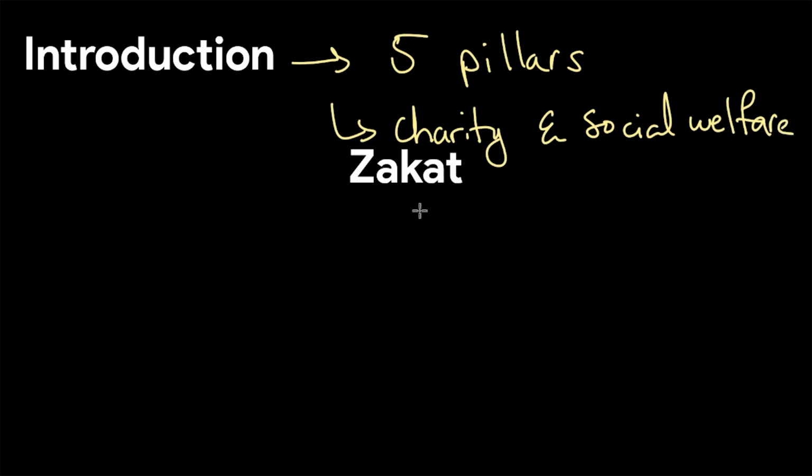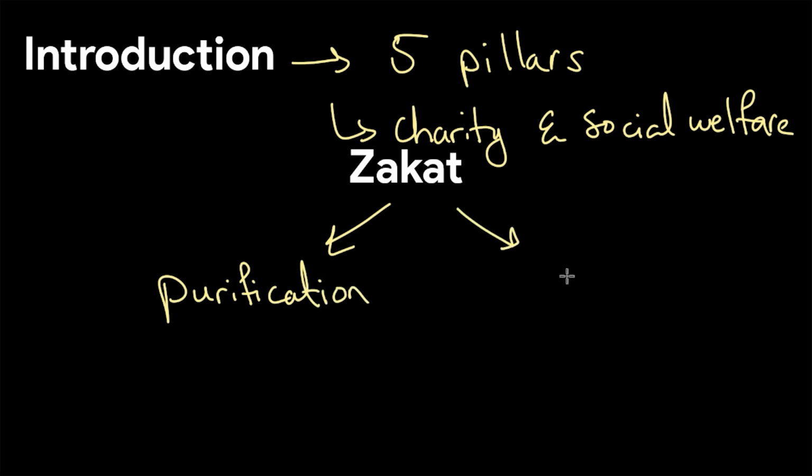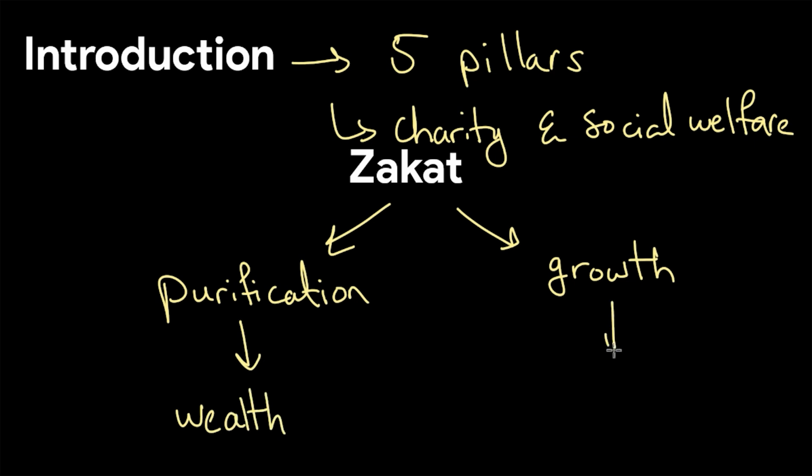The Arabic word zakat means purification, and it also means growth, signifying that by giving a portion of one's wealth, a person purifies their wealth, and they also help grow it spiritually and socially.